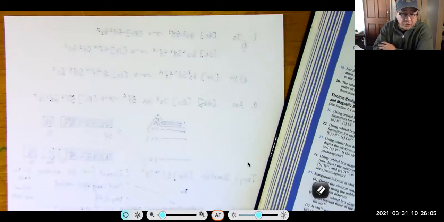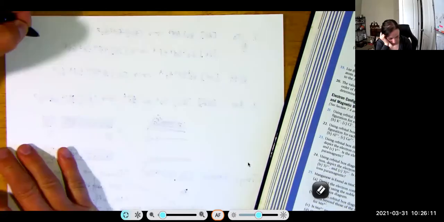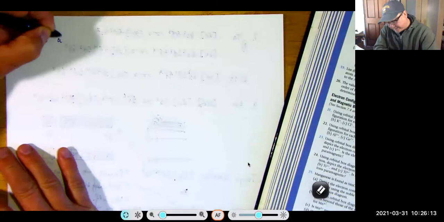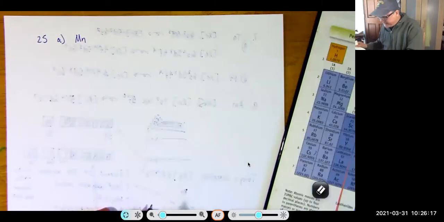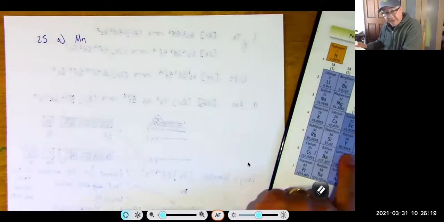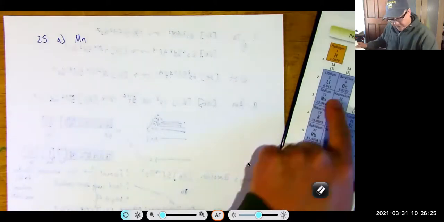If they had thrown in the word neutral element, that would have helped, I think. So for 25A, we just want manganese. Manganese is right there in period 4. So we're going to go back to period 3 to get the noble gas, which is going to be argon.